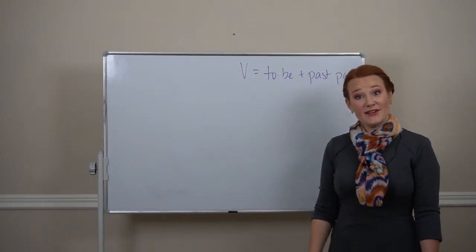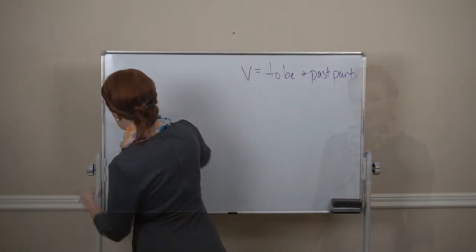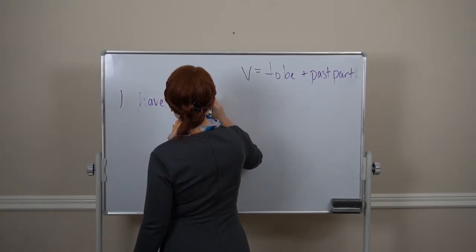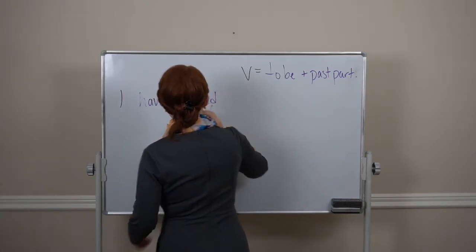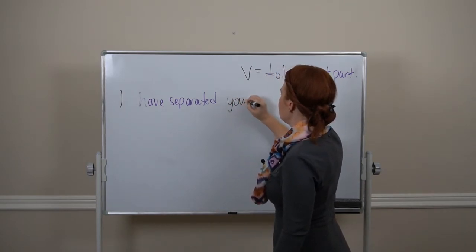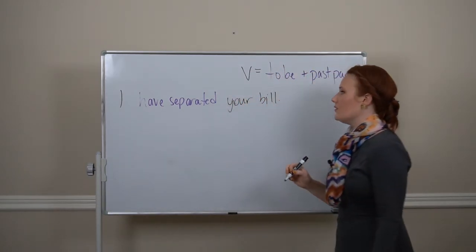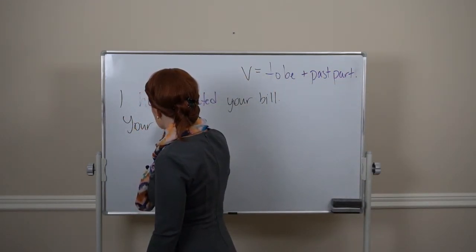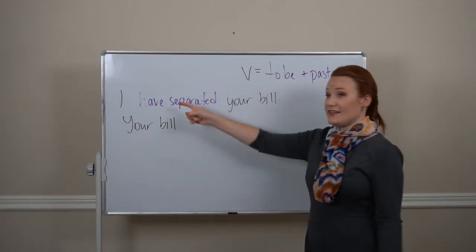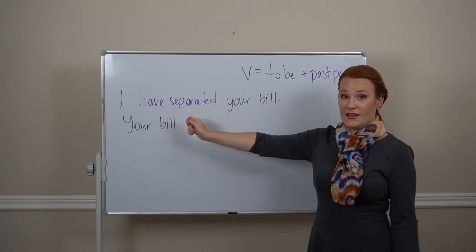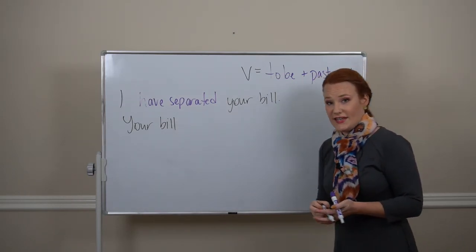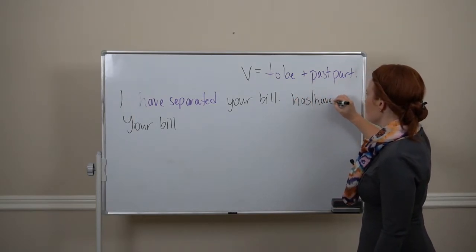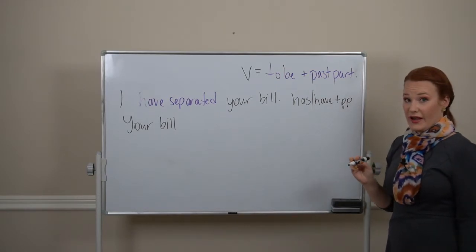All right, let's talk perfect tenses. I have separated your bill. All right, so your bill goes at the beginning. All right, this is present perfect tense. So when we do present perfect tense, we have has or have plus that past participle, right?